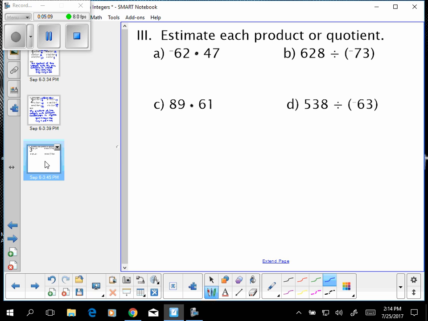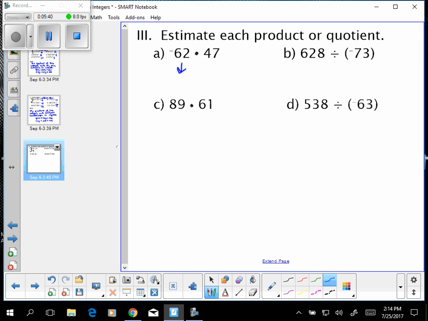The estimation strategy used here is a rounding strategy, as with multiplication, if you recall. So if I take negative 62 times 47, I'm going to round to the nearest tens, since both of my numbers have a place value of tens as well as ones. We usually go to the place value farthest to the left.